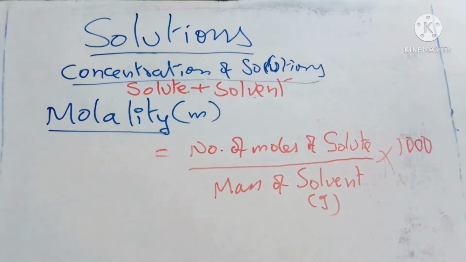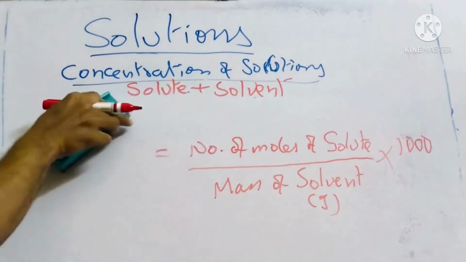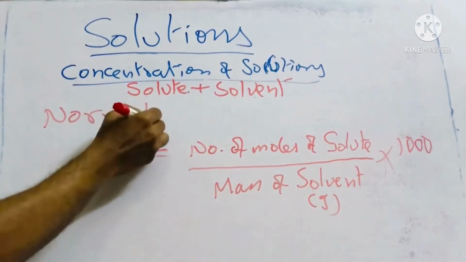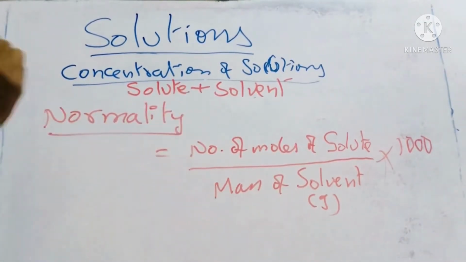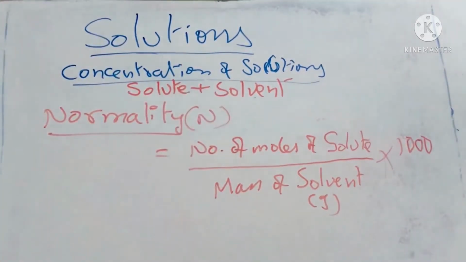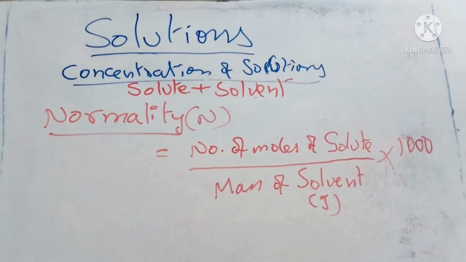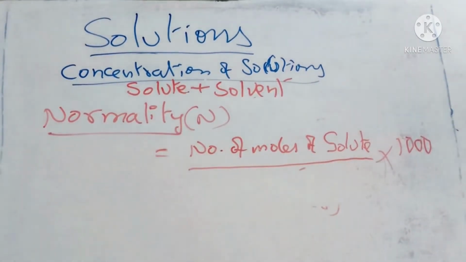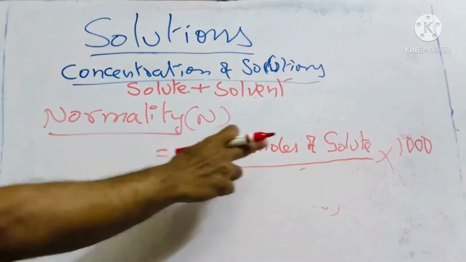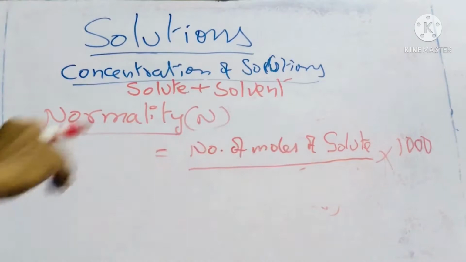Next we will go to another one called normality. Another important one is normality. This is another way of representing concentrations of solutions. Normality is represented with capital N. So normality is like your molarity, which we already learned about: the number of moles of solute divided by the volume of the solution, multiplied by 1000.